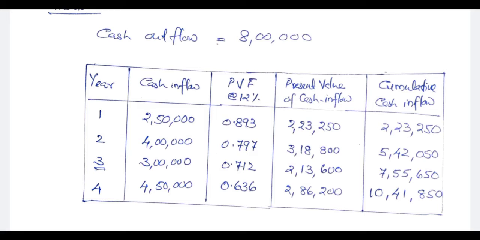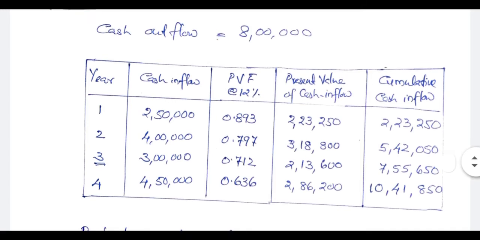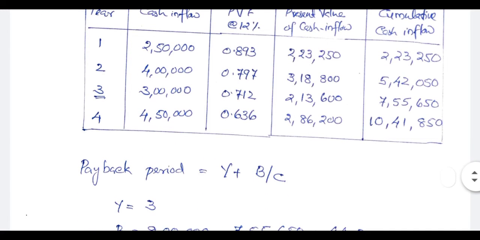So it is less than 8 lakh. So the next year is the final year of recovery. So final year of recovery is 4, Y is year preceding that. So 3 is the year preceding that. So Y is equal to 3.